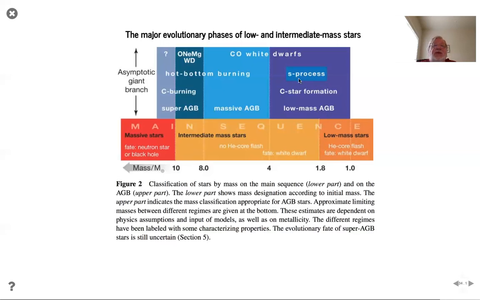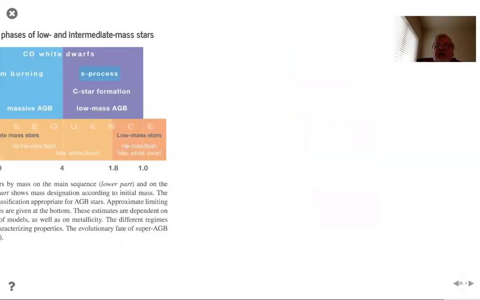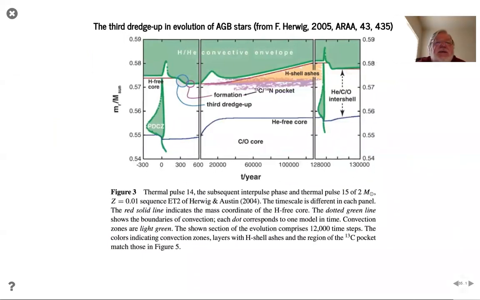I will show you later. So this is how s-process nucleosynthesis works. S stands for slow. This is a slow process of neutron capture. Okay, how does the s-process occur in low mass asymptotic giant branch stars?